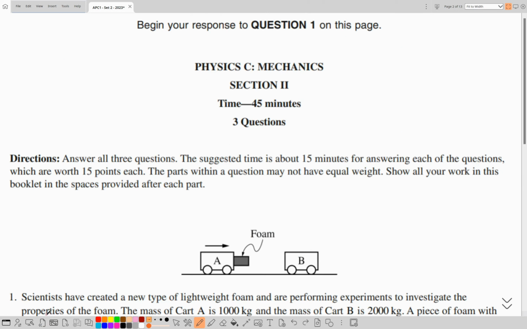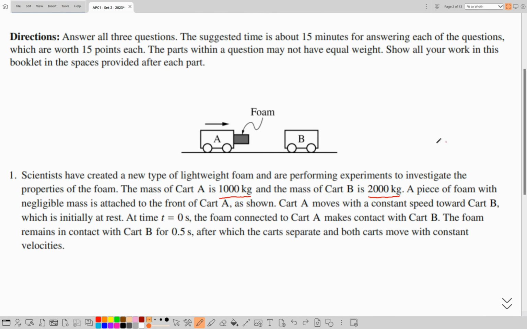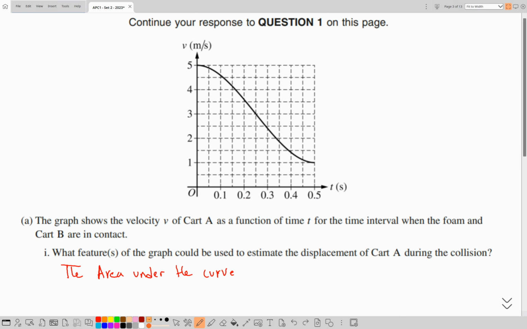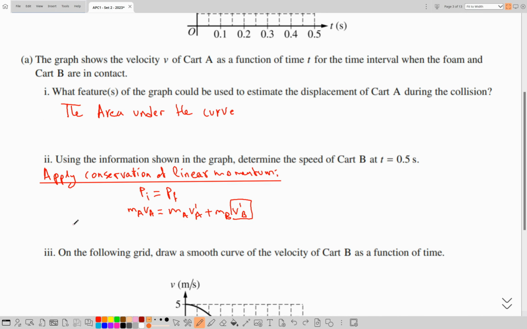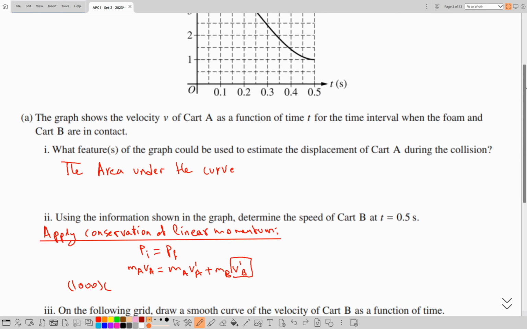Now the mass of A, if you recall, is 1000 kg and the mass of B is 2000 kg. So let me write here that we have 1000 multiplied by the velocity of cart A before collision.